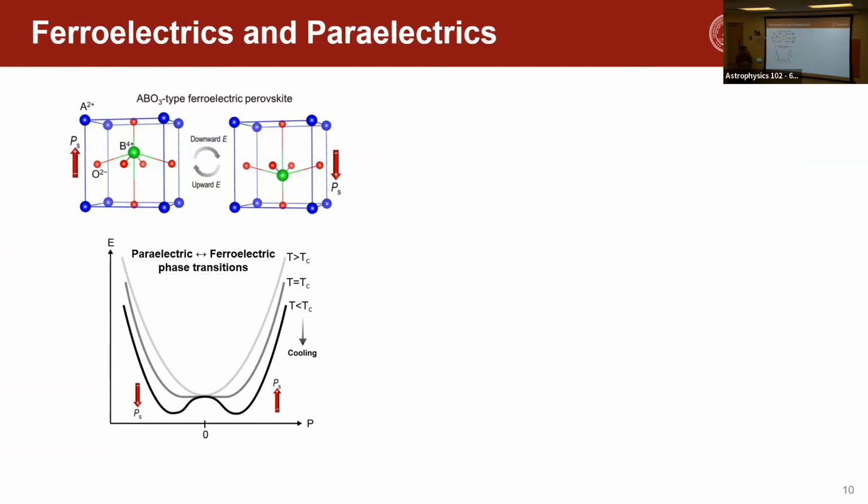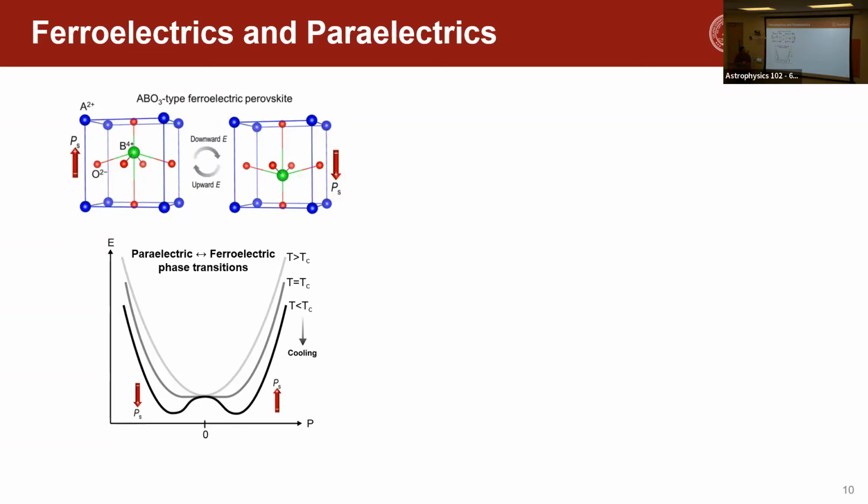And we can understand why this is the case by drawing a very qualitative energy and electrical crystal polarization diagram at three representative temperatures: above Tc, which is our phase transition from a paraelectric to a ferroelectric phase; at Tc, so at the transition temperature; and below, when the system is fully ferroelectric.